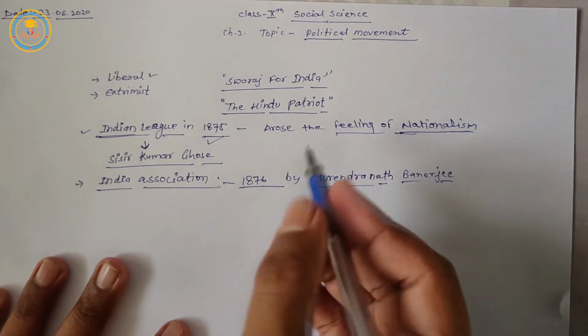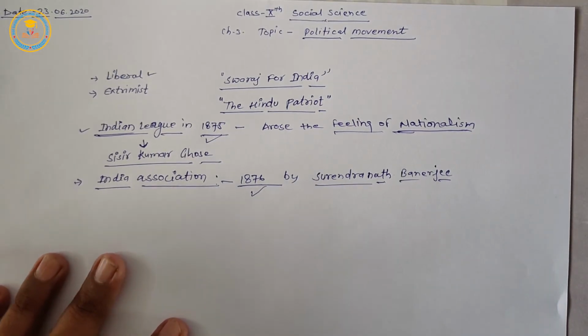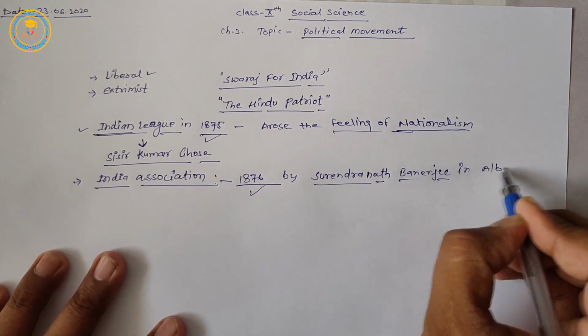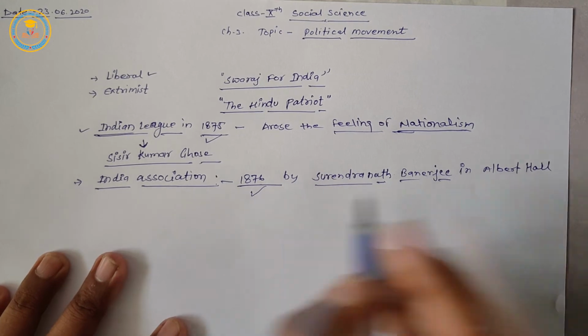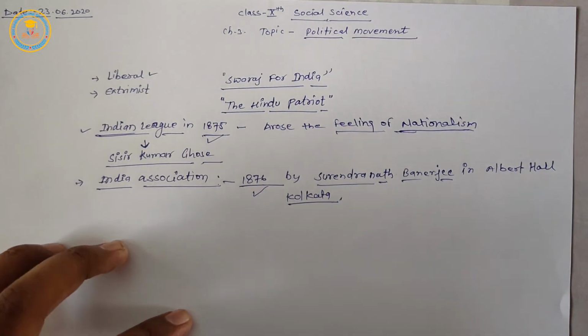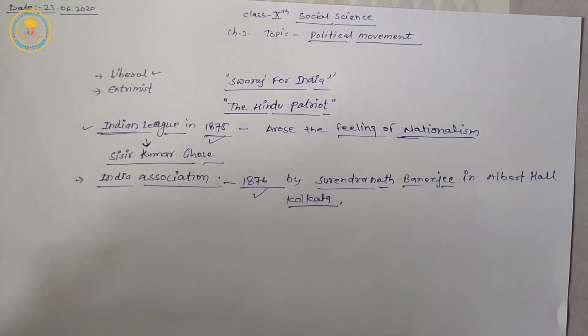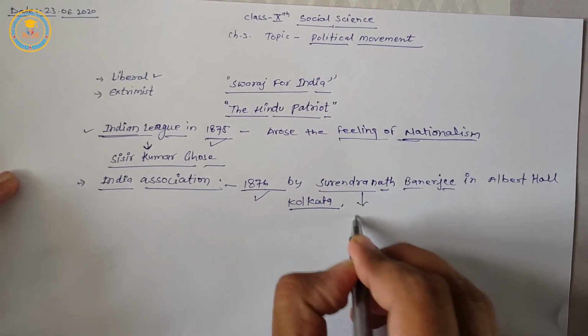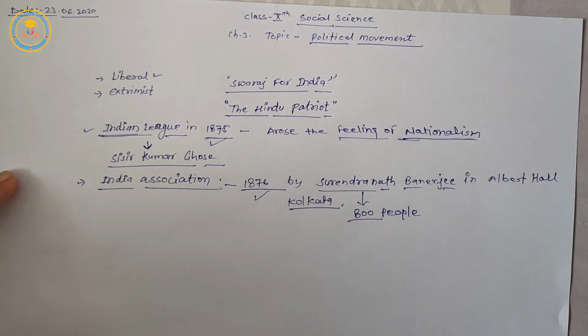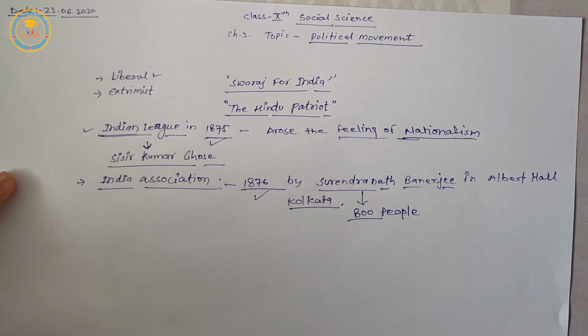In 1876 AD, at Albert Hall, Kolkata, under the leadership of Surendranath Banerjee, nearly 800 people gathered, and they decided that the association would bring people having common ideas onto a common platform and organize the masses.